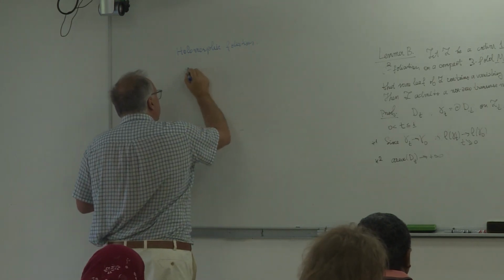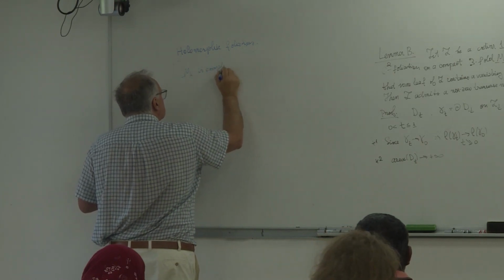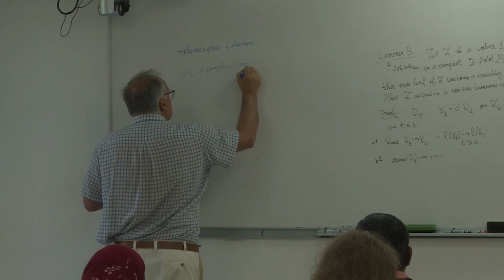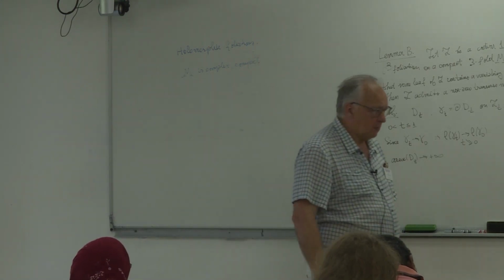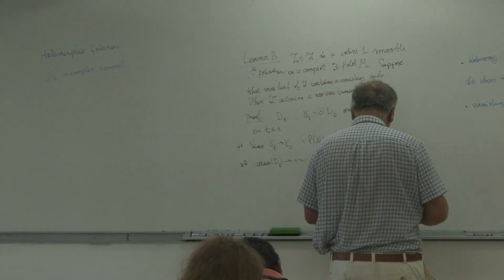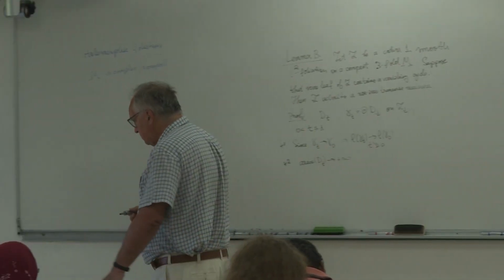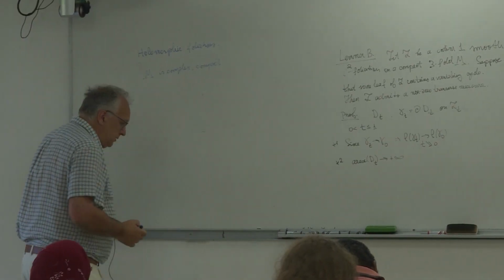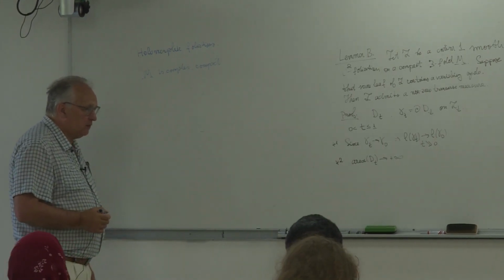Now our manifold M is complex, and okay, we shall suppose it is compact. A holomorphic foliation is defined in the same manner as a real foliation.